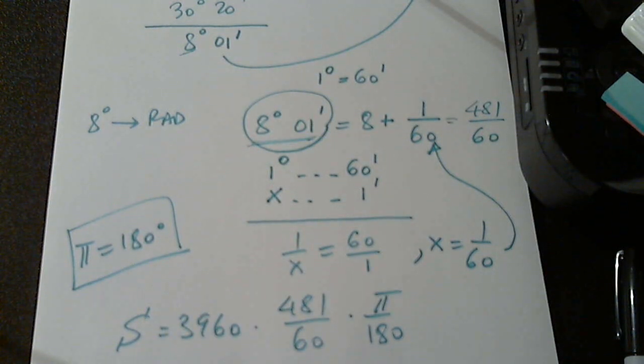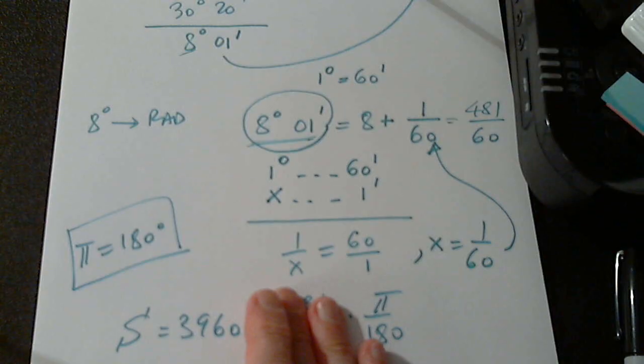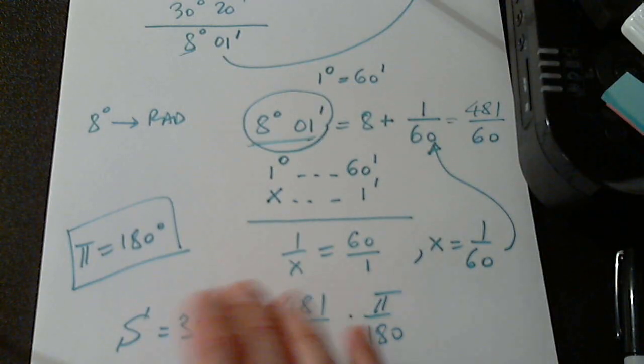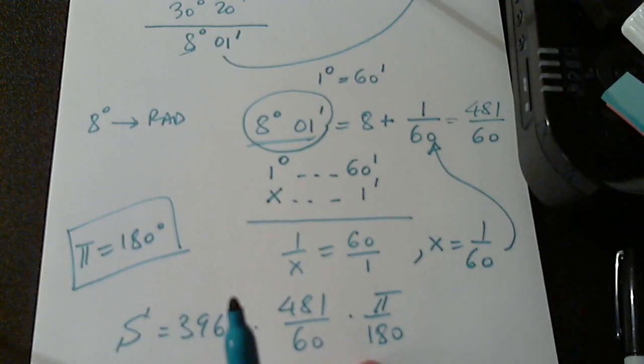I'm not saying not to memorize anything. I'm just saying if you want 1 degree, because we have the degrees, we multiply by what 1 degree represents, which is pi over 180. Now I have to be very careful how I plug this in the graphing calculator. So let's do that. So here it is.